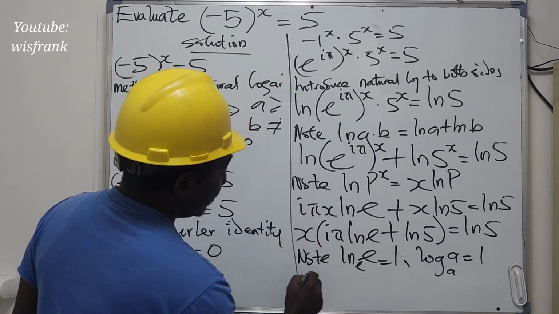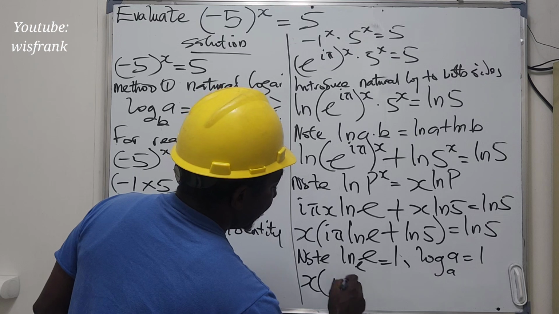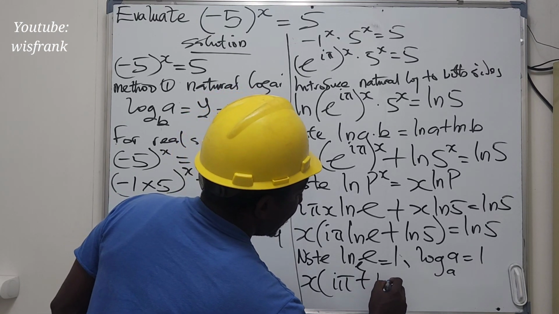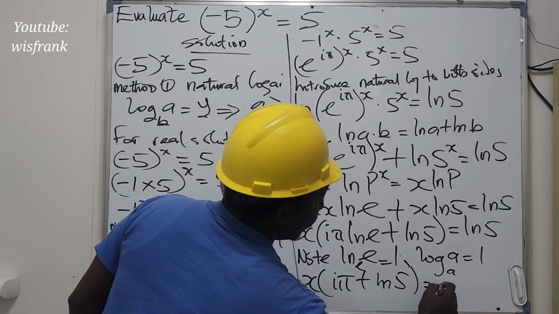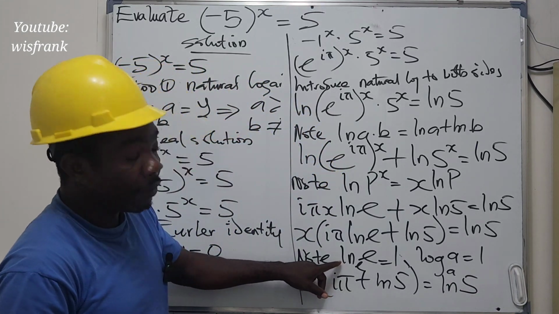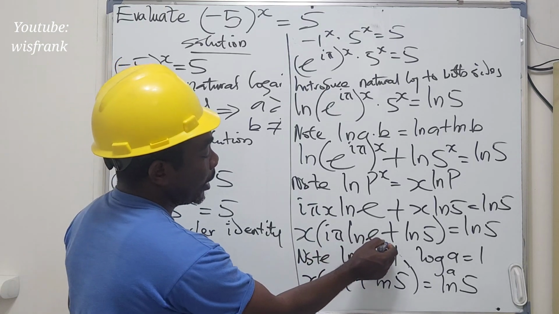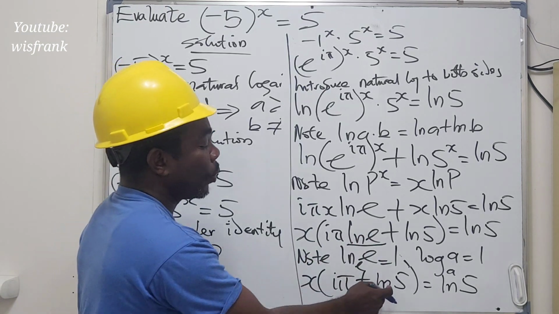So this is the same thing as x times (i pi plus ln of 5) equals ln of 5, because ln of e to the base of e equals 1. That's why we have this.